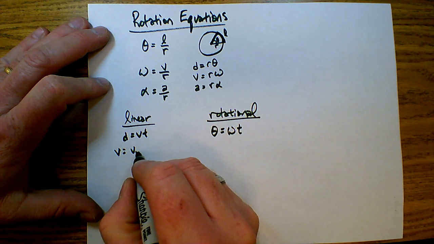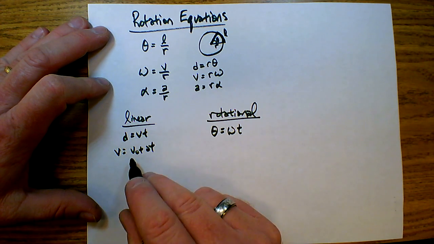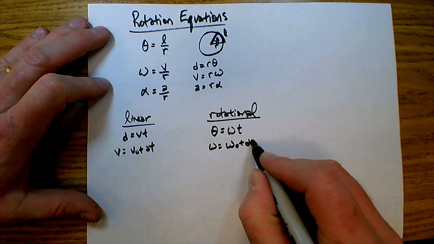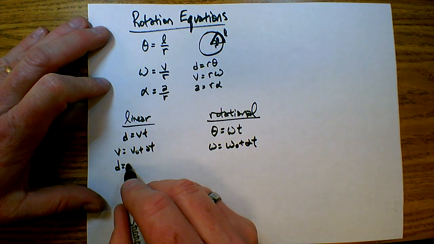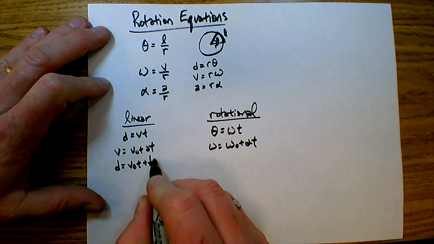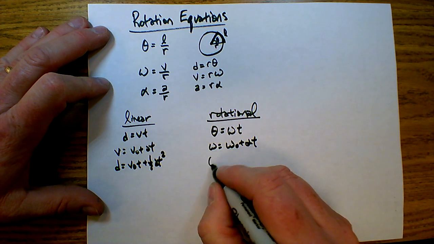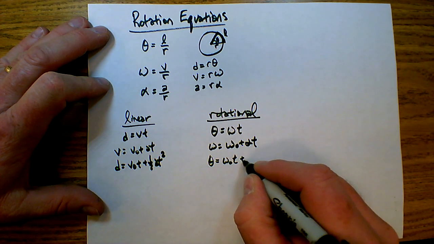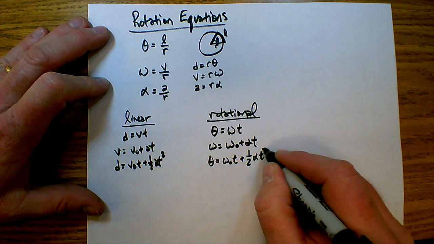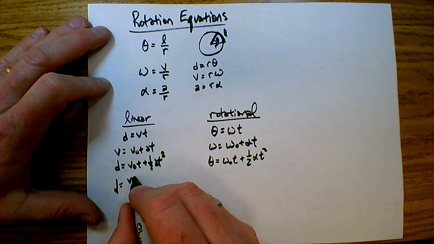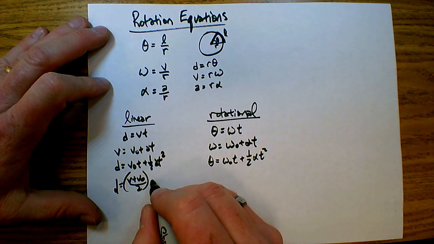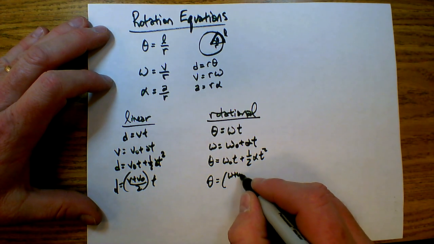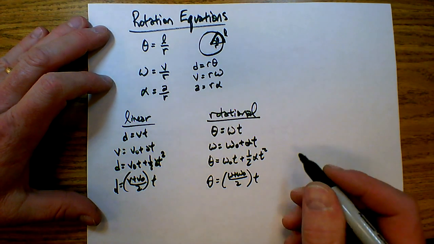Where we had v equals v naught plus at for translational, rotational looks like omega equals omega naught plus alpha t. Remember this one, d equals v naught t plus 1/2 at squared? Well, it's going to look like this: theta equals omega naught t plus 1/2 alpha t squared. d equals v plus v naught over 2 times t becomes theta equals omega plus omega naught over 2 times t.